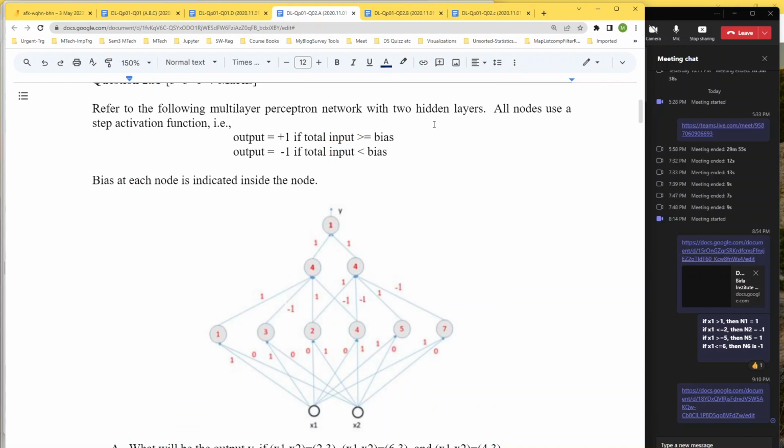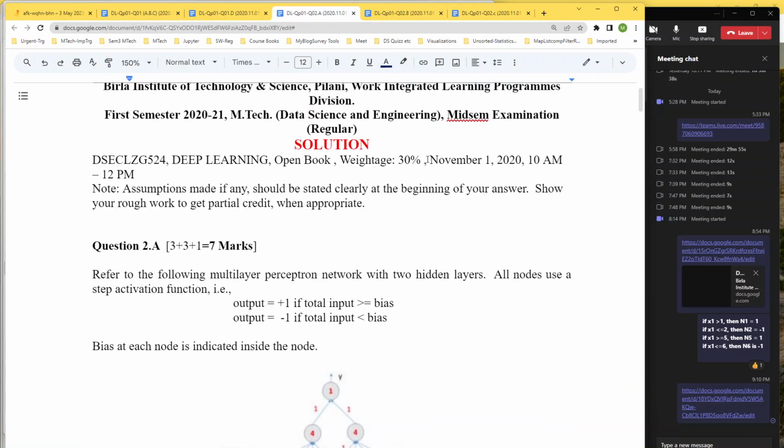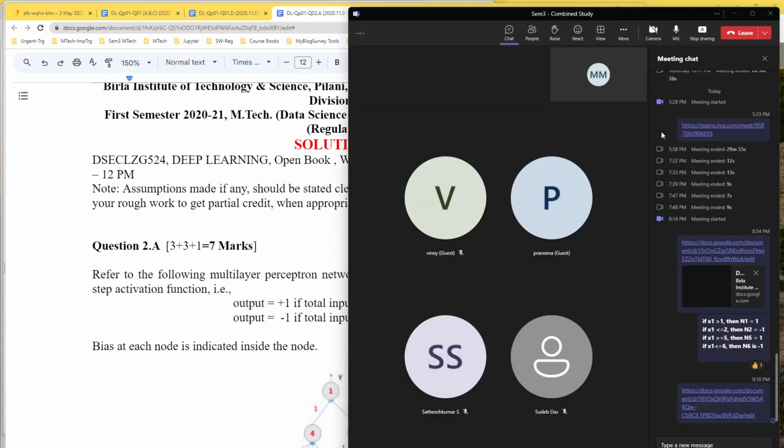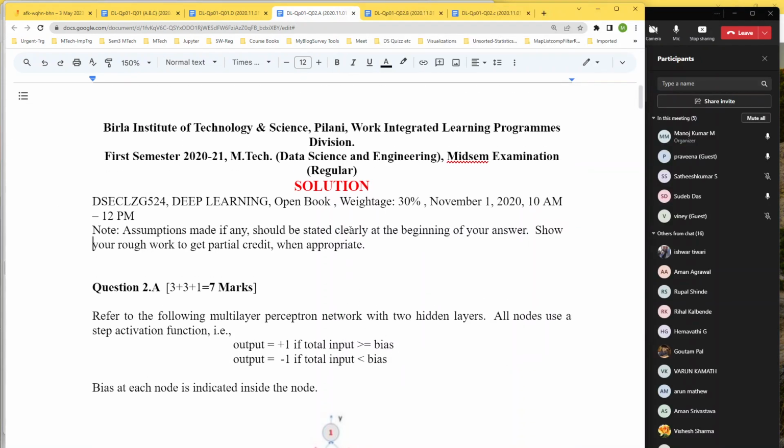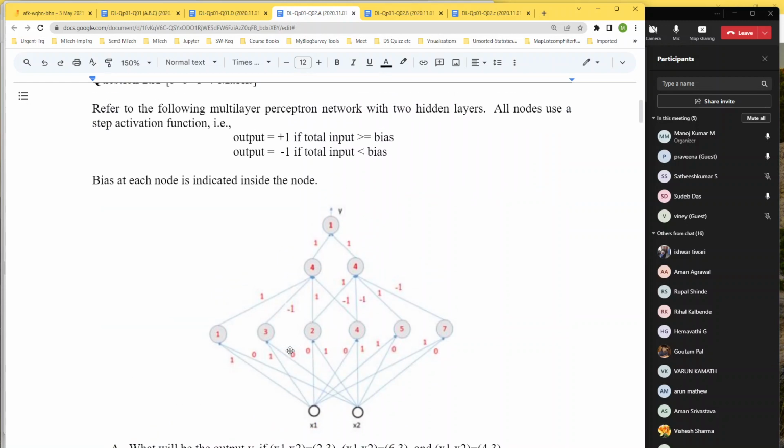So maybe Satish can explain this question A. Okay, Sudeep, right? Here we have got the output, but we are trying to understand what would have been the input to get that output.